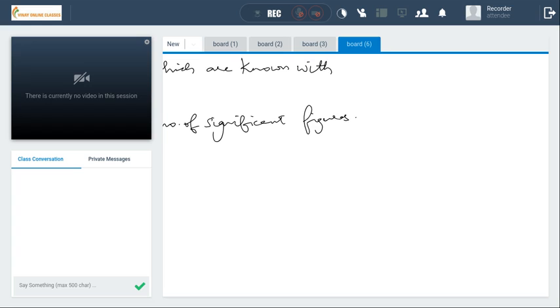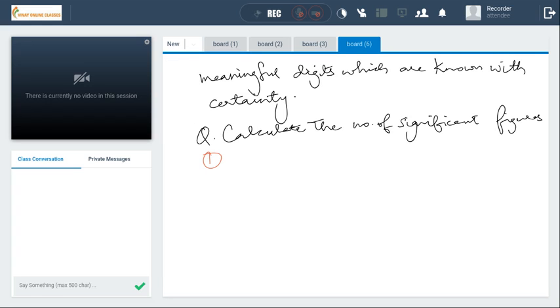Okay, so first question. The first rule regarding significant figures is: all non-zero digits are significant. So what is the meaning of this?